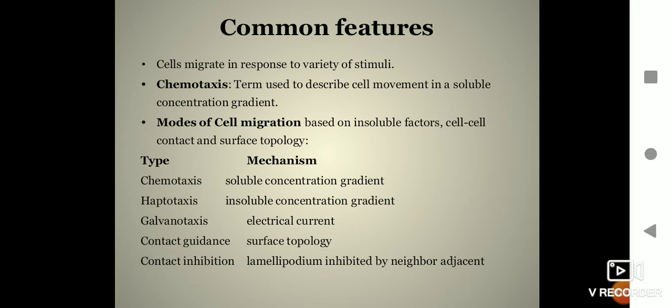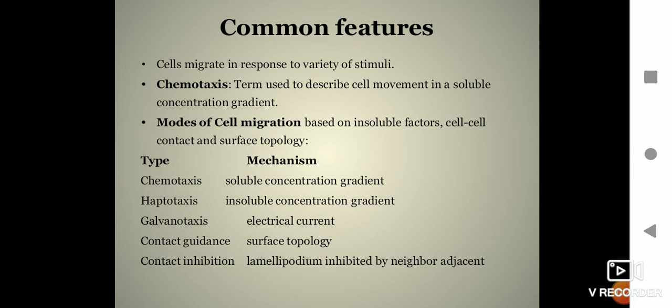There we saw that when a chemoattractant is taken and a concentration gradient is formed, the cells start moving towards the chemoattractant. That kind of movement is called chemotaxis.